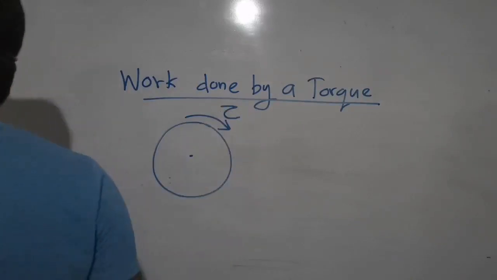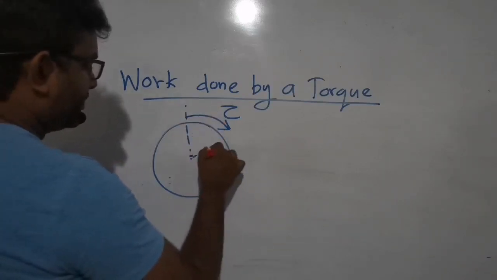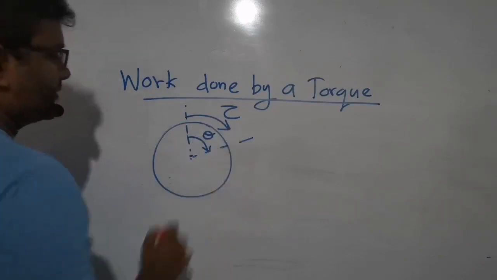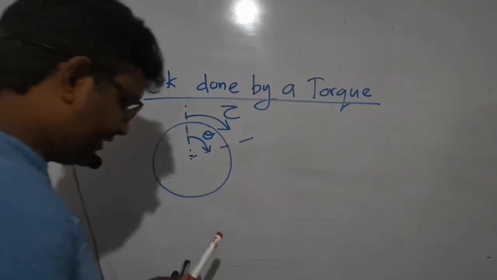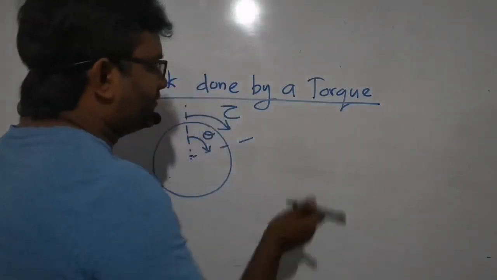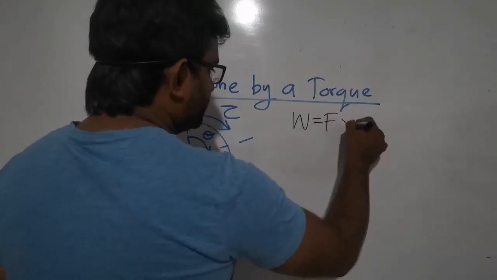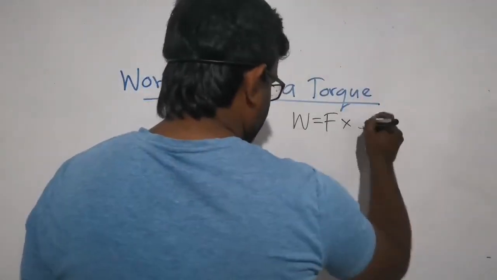Think that the rotation of that disk is theta. We know the equation for work done in linear motion, I think you remember that. That is W equals F into D.